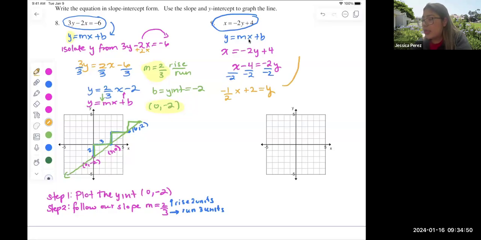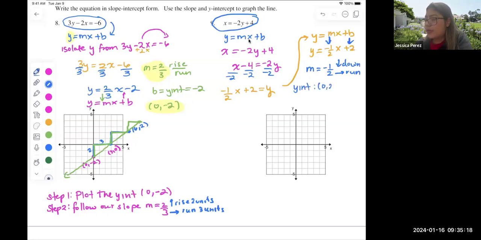Oh, this looks a lot like y equals mx plus b. If we line them up, my slope m is equal to negative 1/2. That means it's going to go down 1 and run 2. And my y-intercept is 0, 2.